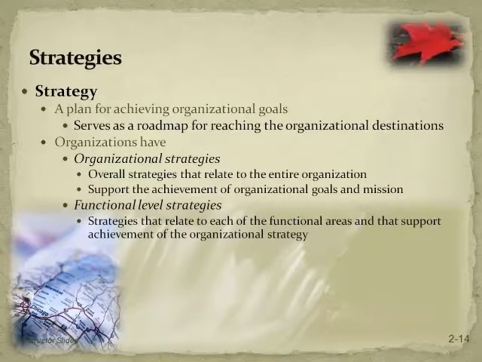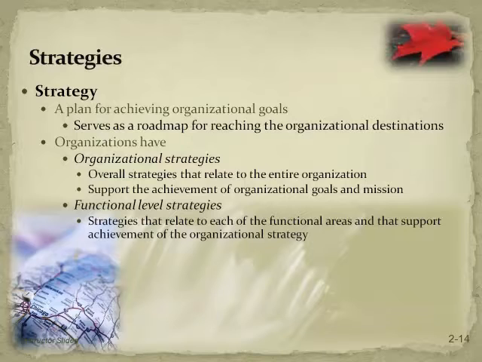So organizational strategies would be strategies for the entire corporation. And then we could have supporting functional level strategies. So a particular functional strategy could be a strategy for the operations management.